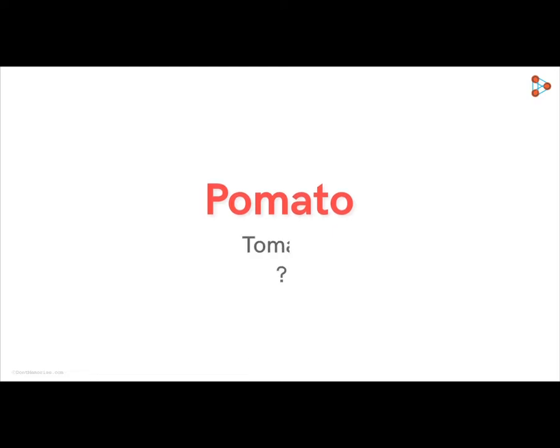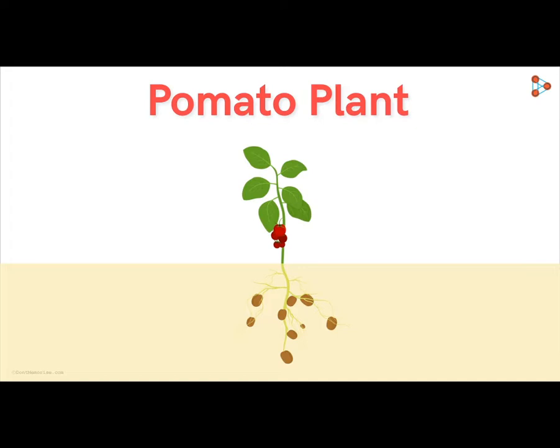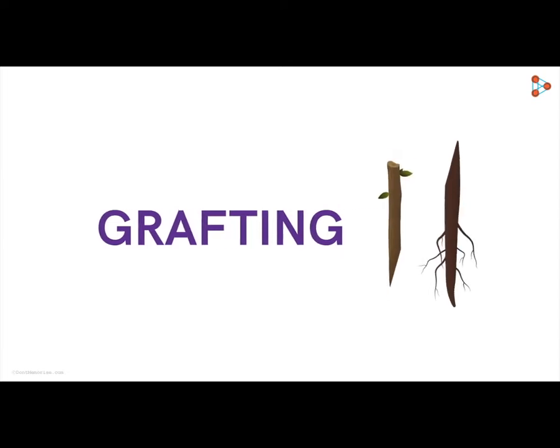Does the term tomato plus potato sound a little weird? You might be wondering, is it a tomato plant or a potato plant? Actually it is both. Yes, you heard me right. Potato plus tomato. In this single plant, tomatoes grow above the ground, while potatoes grow below the ground level. And how is this made possible? It can be done by a hybridization technique called grafting. In this, the stems of both the tomato and the potato plants are chosen and then joined together by tying them.